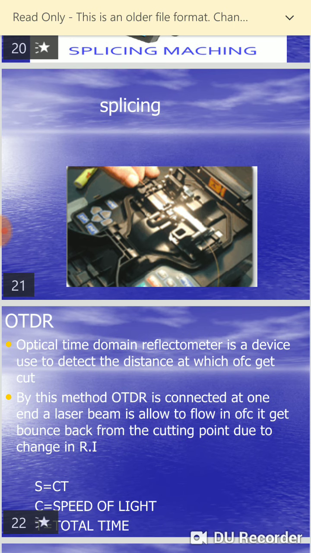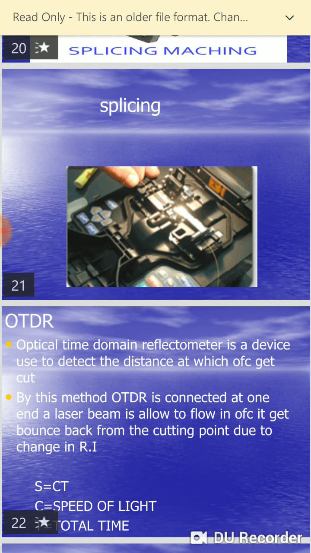If there is no crack or breakage in the optical fiber, the laser beam will transmit straight through the optical fiber cable. If there is any break, it will come back from that particular point towards the optical time domain reflectometer.